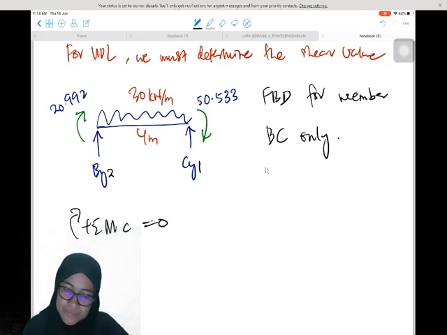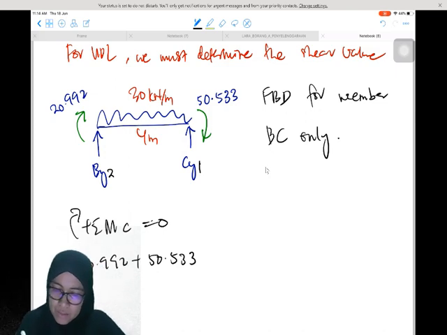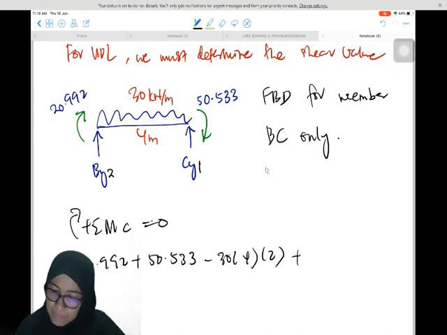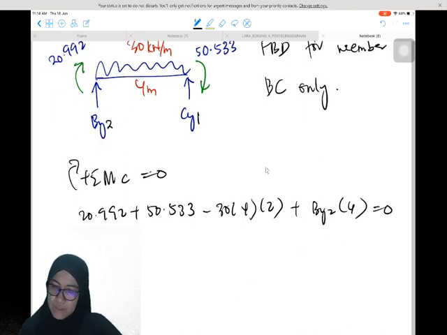So by taking moment at C: 20.992 plus 50.533 towards C, negative, then negative 30 times 4 times 2, plus BY2 times 4, positive, equals 0.